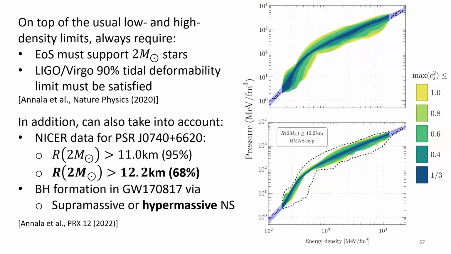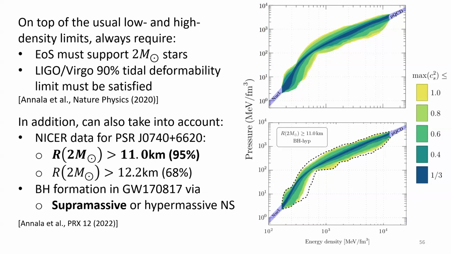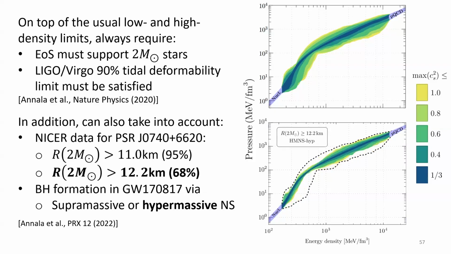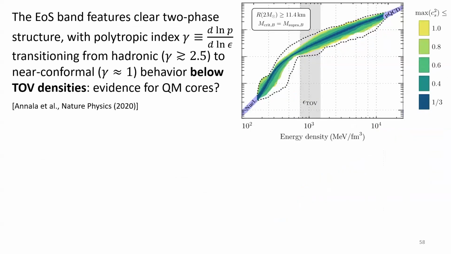And what is maybe interesting to note here is that in both of these cases, the parts of this allowed equation of state space that were ruled out by these extra observations correspond to regions where the maximal value of the speed of sound has to be very high. So even in this kind of extreme case, we still allow almost all of those low speed of sound EOSs that formed the band in this initial 2020 result. So this is certainly curious.